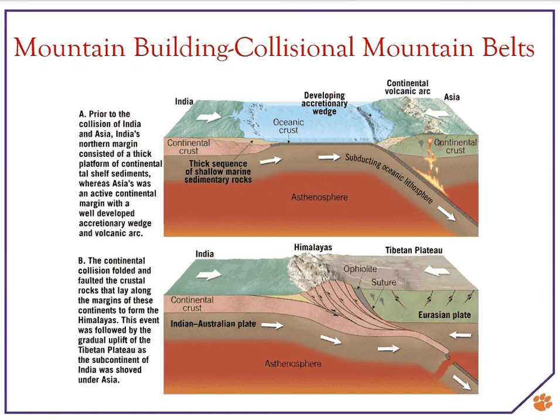Now let's look into a few different types of mountain building. So there are collisional mountain belts. In this case, we have two plates moving towards each other. The oceanic plate over here, since it's denser, will move and subduct underneath the continental crust.